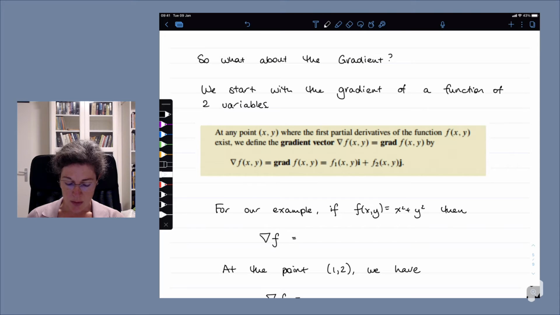And it is just simply defined as, and I find it more helpful to see it in this form, the gradient is the partial derivative of the function with respect to x in the i direction plus the partial derivative with respect to y in the j direction.